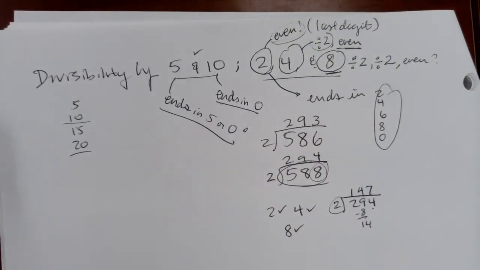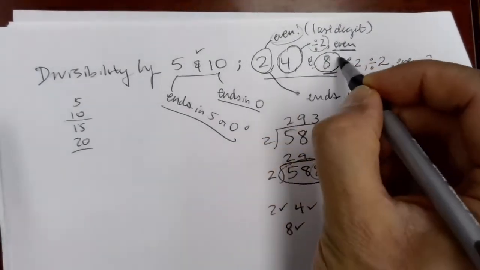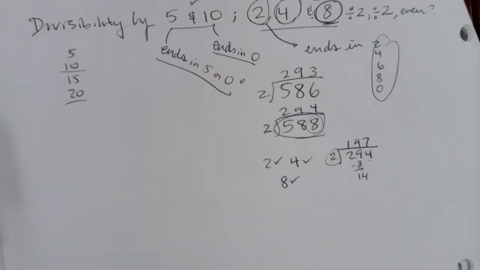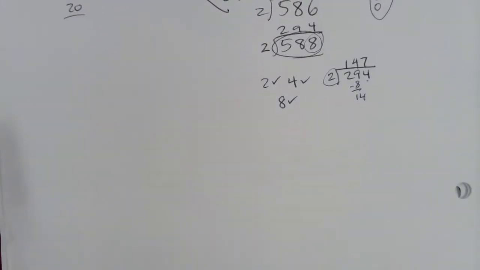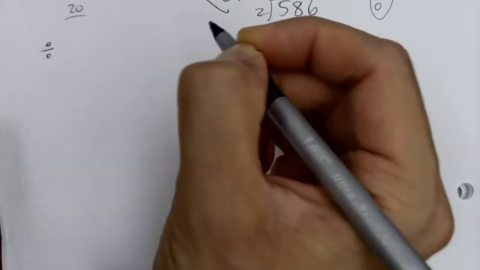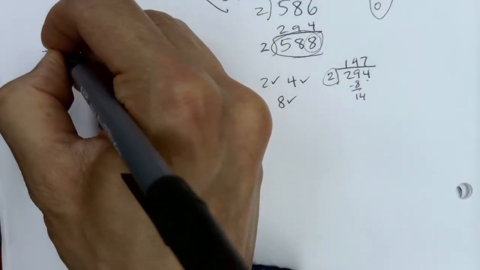There is another way to do 4s and 8s, especially if your number is big, and here is how it works. It's like this, but there's an even more interesting shortcut to it. Divisibility by 2 is simply if it's even.